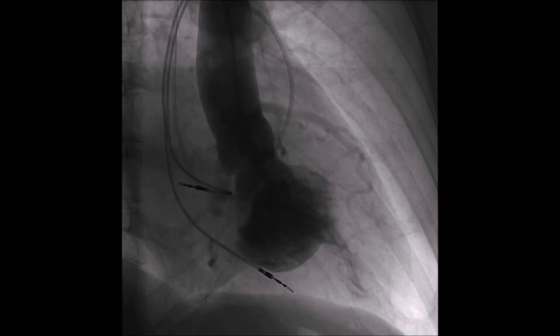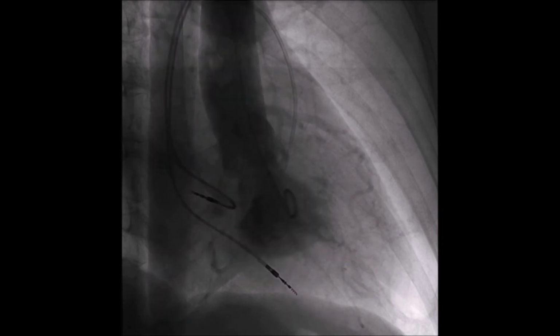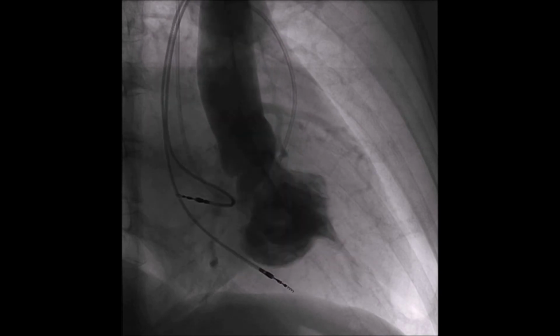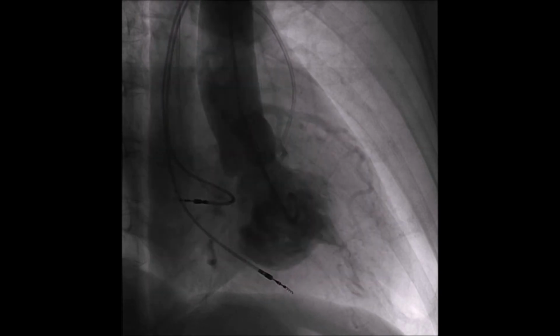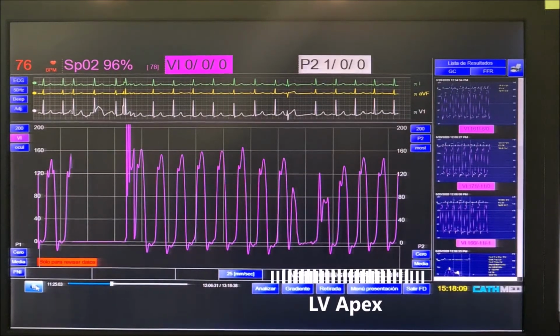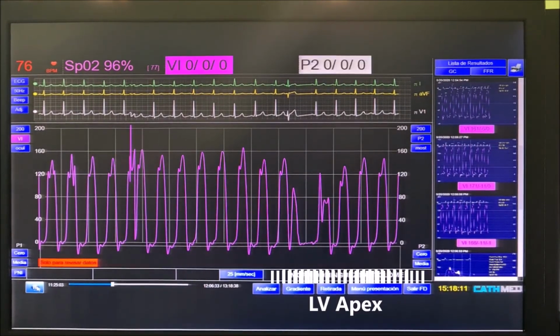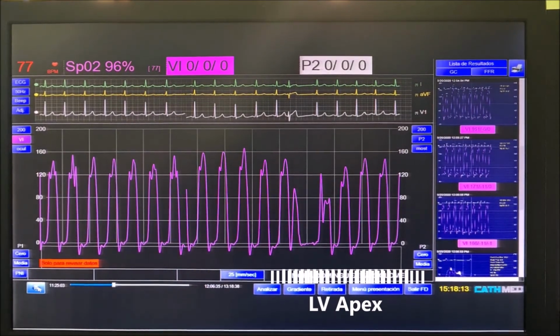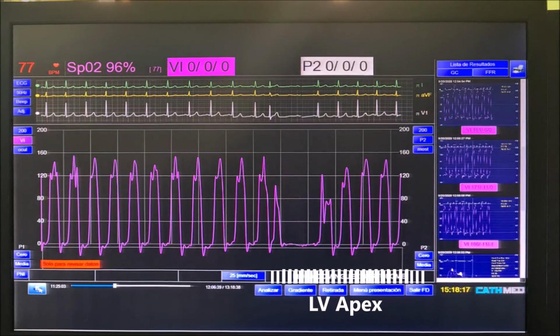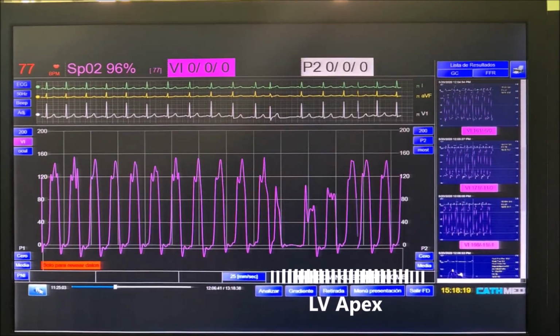Although it is true that invasive hemodynamic study is not necessary for the diagnosis of hypertrophic cardiomyopathy, it can be useful in patients with complex echocardiographic studies. Thus, the typical hemodynamic characteristics are the increase in end diastolic pressures of the left ventricle and the existence of a pressure gradient at the mid-ventricular level.